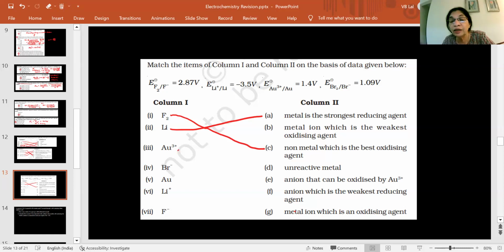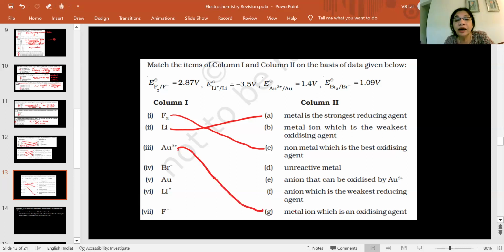So it is a metal ion which is an oxidizing agent here, because it has a high positive reduction potential. So it is a metal ion which is an oxidizing agent, like this.